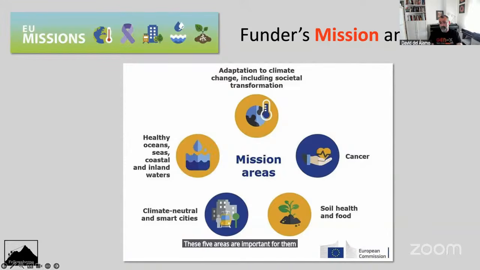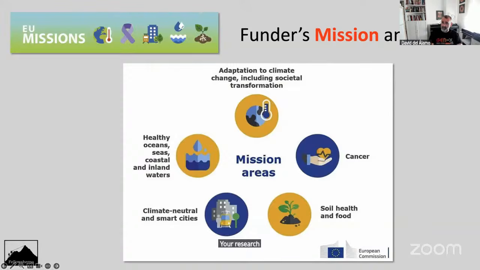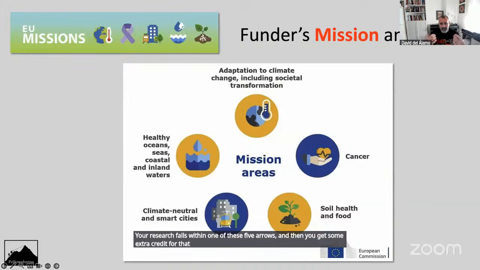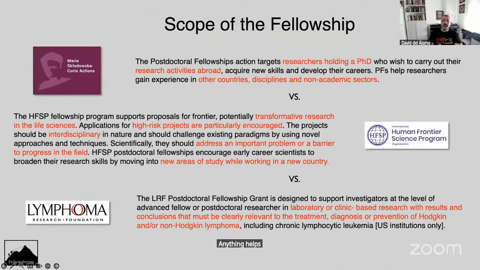And actually, one of the questions they ask the reviewer of your application is whether your research falls within one of these 5 areas, and then you get some extra credit for that. You're not going to get the fellowship just because you are in one of these areas, but every decimal point helps, because again, the success rates are extremely low. So anything helps.